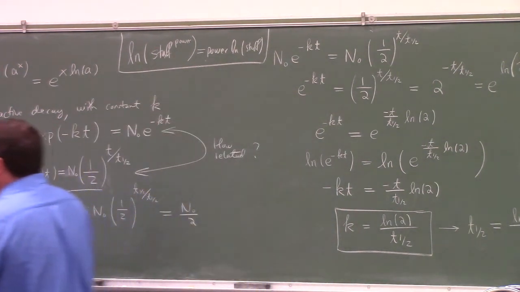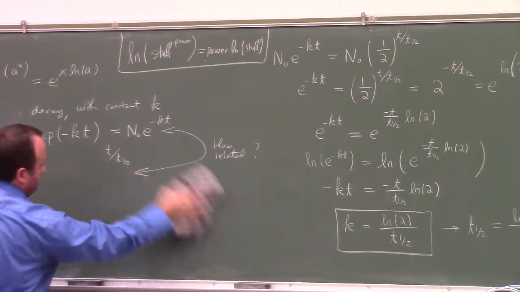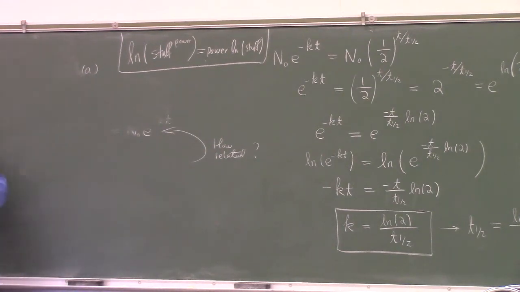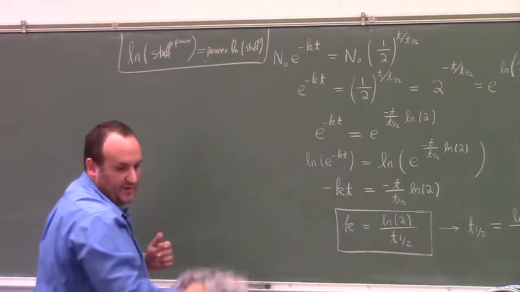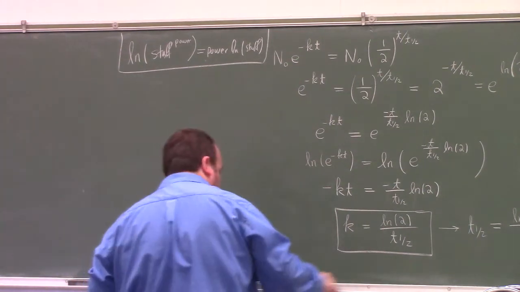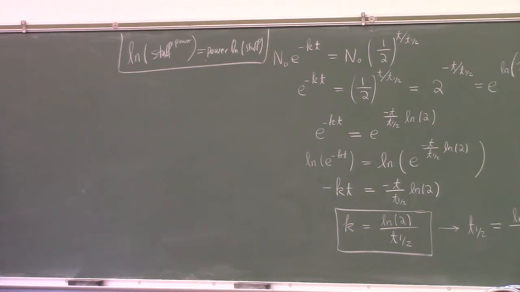let's start attacking some problems. First of all, let me remind you of our major rules. In terms of the natural log notation, natural log of xy is natural log of x plus the natural log of y, right?